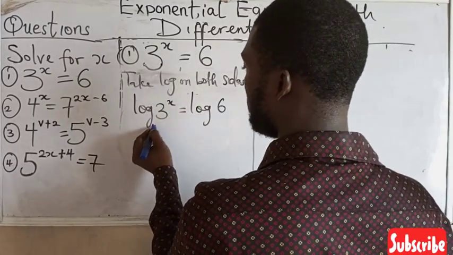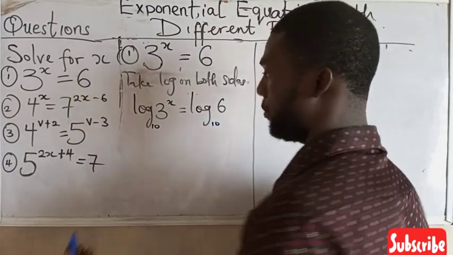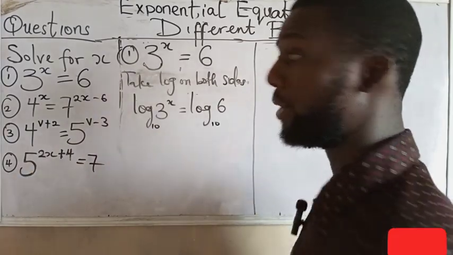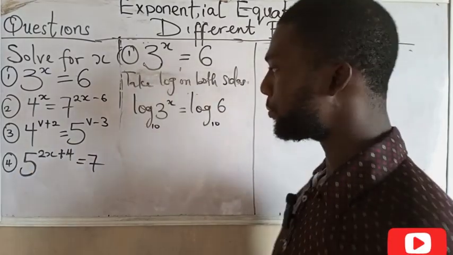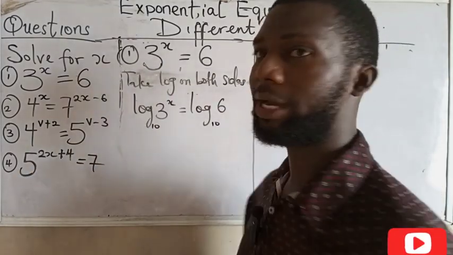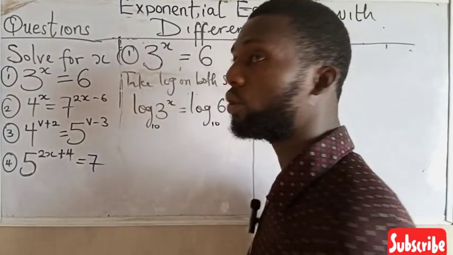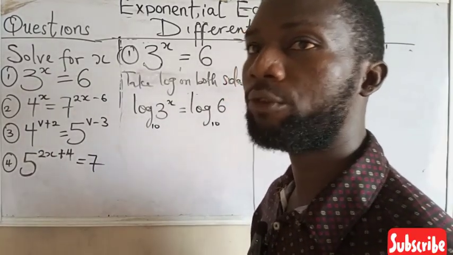I can as well write log base 10, or I can leave it the way I left it the other time. Now, after introducing log on both sides, we are going to introduce one of the properties of logarithm.